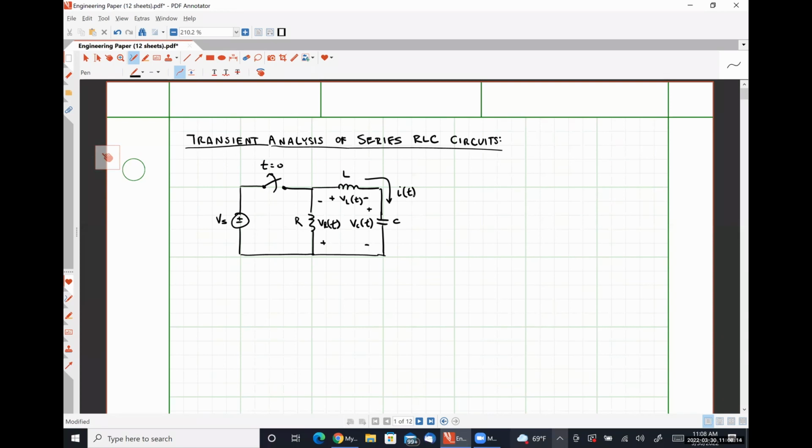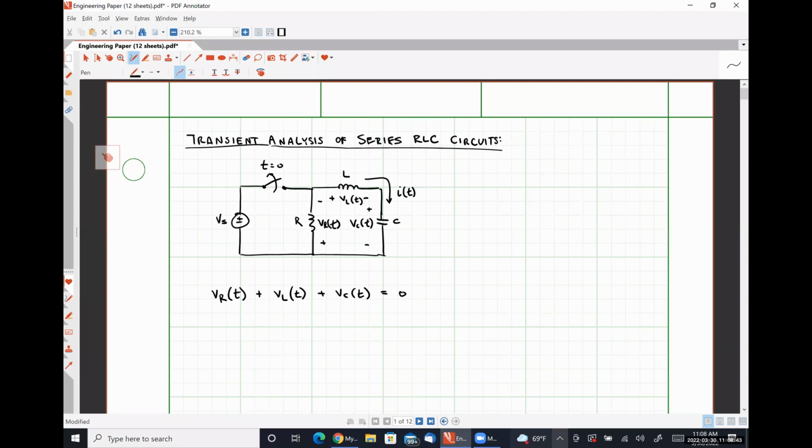All right. So during the transient condition, if I apply Kirchhoff's voltage law, what I'll find is that VR of t plus VL of t plus VC of t must be equal to 0.